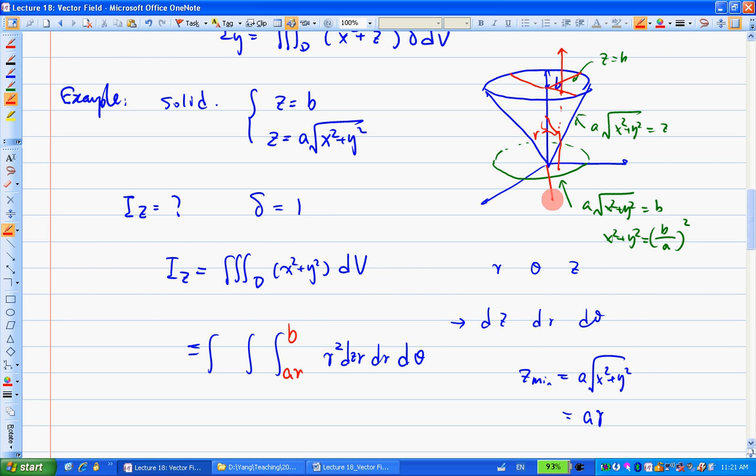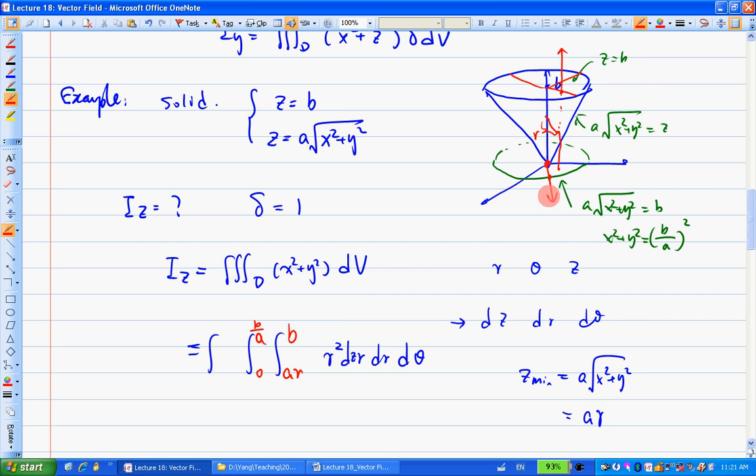The second step is to determine the limits for r. You draw a radial line across this shadow. First contact gives you r min, second contact gives you r max. So r min is 0, and r max is the boundary here, and this time the b over a shows up.